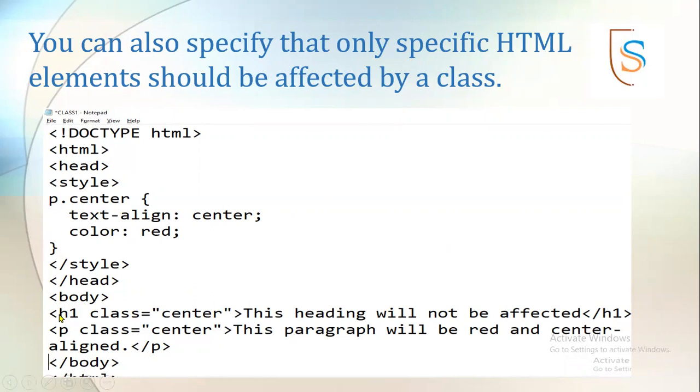So if I have two tags here, an H1 tag and a P tag, both with the same class, I want to apply formatting only on the center class element which is under the P tag. So let's see the output.